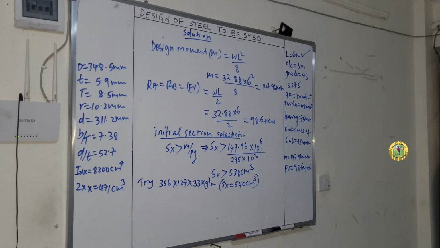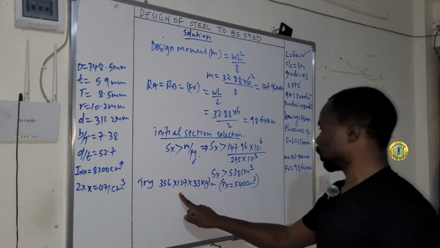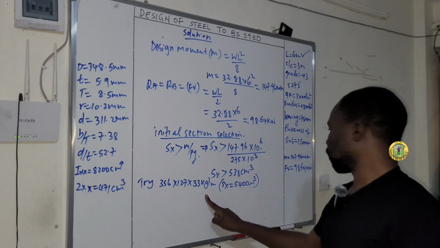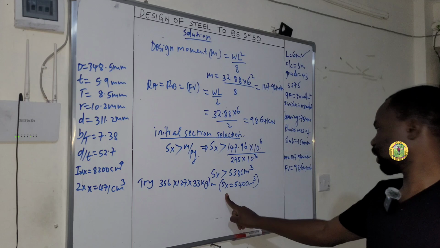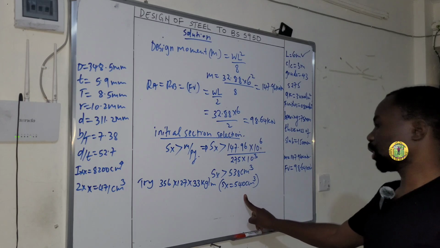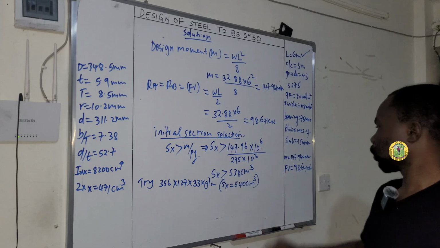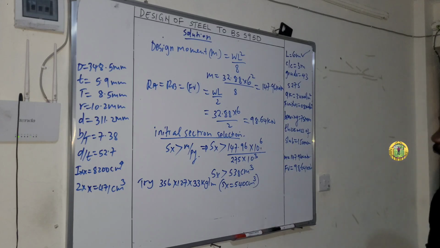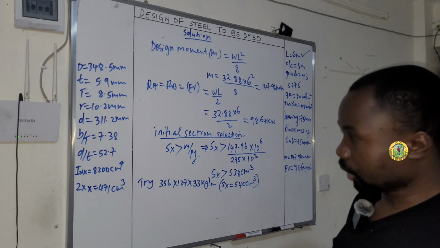So from the table, you will say try 356 by 127 by 33 kilogram per meter, and then the plastic modulus, Sx, is equal to 540 centimeter cubic, which is higher than 538 centimeter cubic. And then these are the properties.